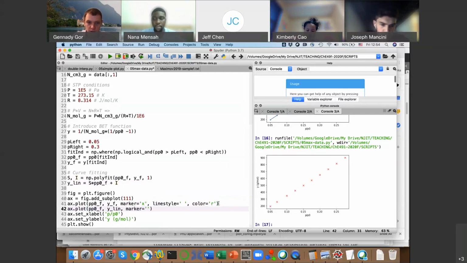So marker is empty, but I want to use a line, which will be a dashed line, and the color will be blue. All right, I got a nice linear fit for my data.